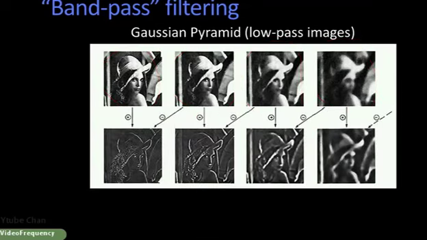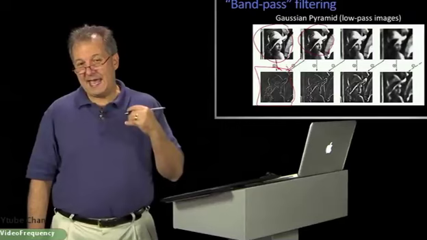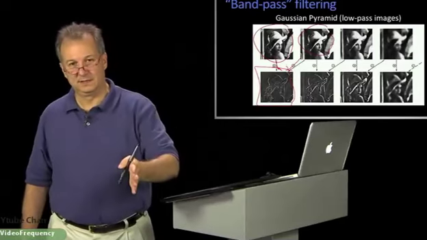What I can do is subtract one picture from another to get this difference. So this is a difference image. Two things. First of all, this is called the Laplacian, and you should know why.